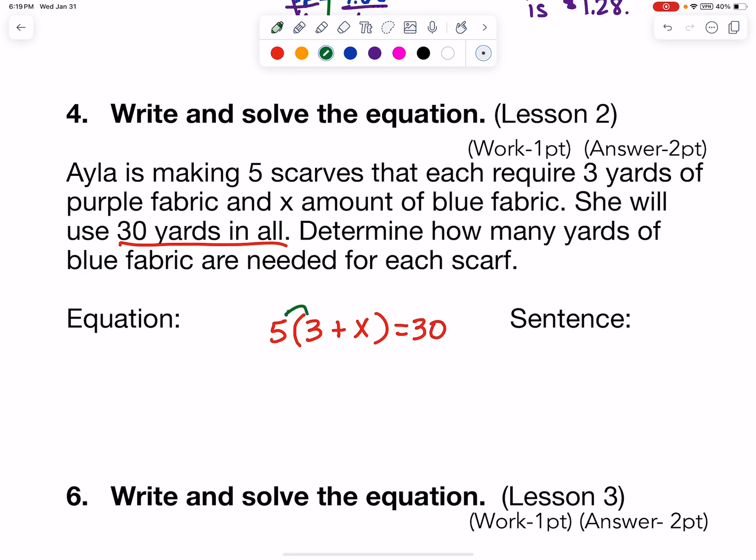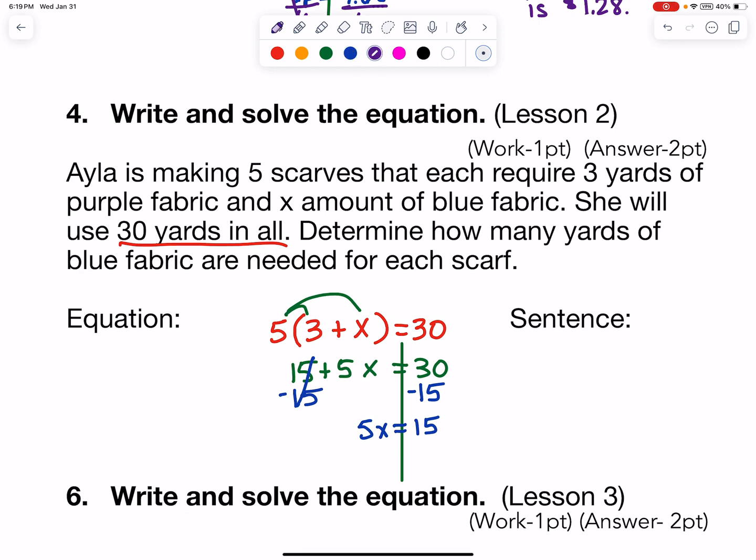Let's go ahead and do our distributing. And so we end up with, if we separate our workspace here, 15 plus 5x equals 30. And then we can go ahead and start moving things around. So let's subtract 15 on both sides. Remember, we're doing opposite order of operations, SAD-MERG. And we're left with 5x equals 30 minus 15 is 15.